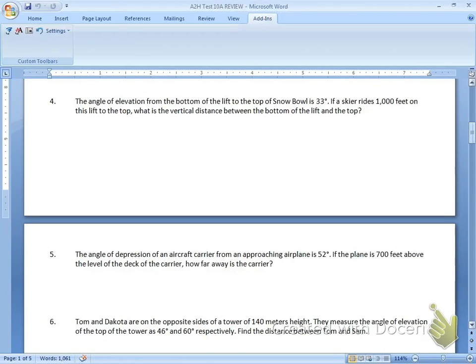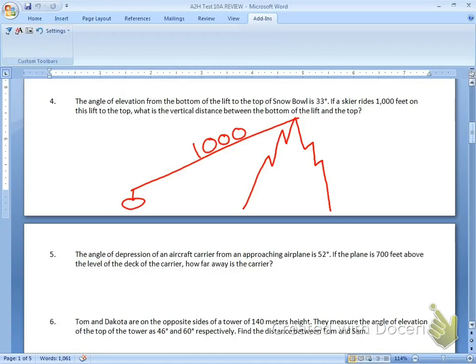So we're going to draw a little picture here. This is my mountain. Kind of scary with those spikes in there, but it's a mountain. Here's a skier on a ski lift, the little gondola thing that they ride. We were told that the skier rides 1,000 feet on this lift, and that the angle of elevation is 33 degrees.